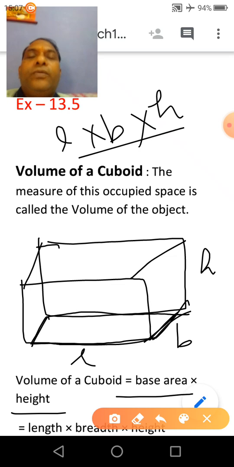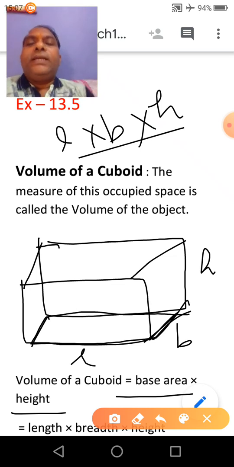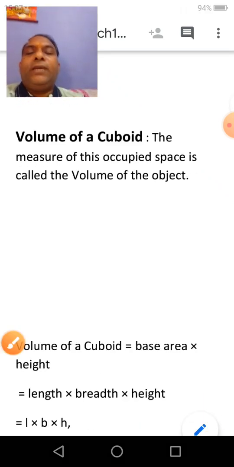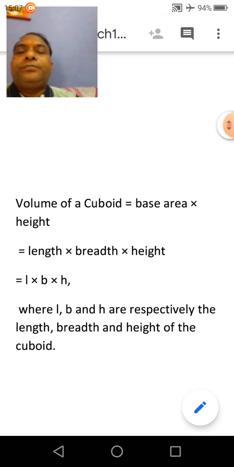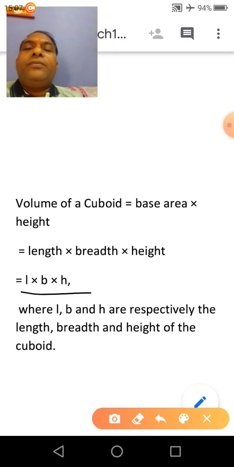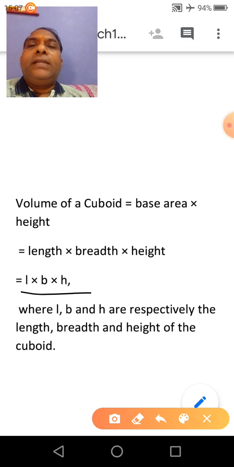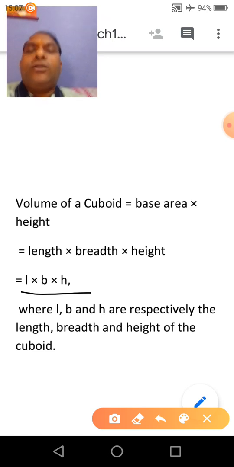Clear? So we can say that volume of cuboid is L into B into H, where L is the length of the cuboid, B is the breadth and H is the height of the cuboid.